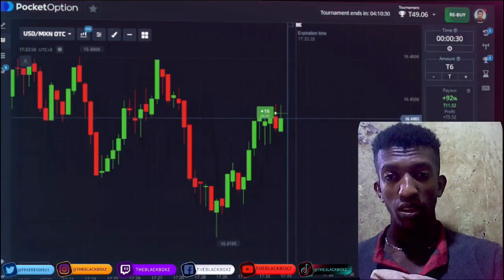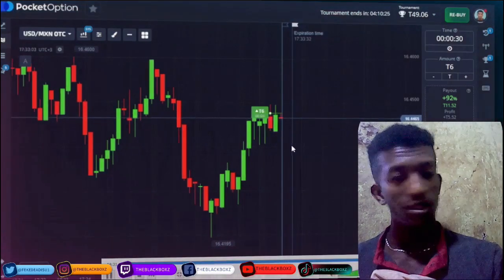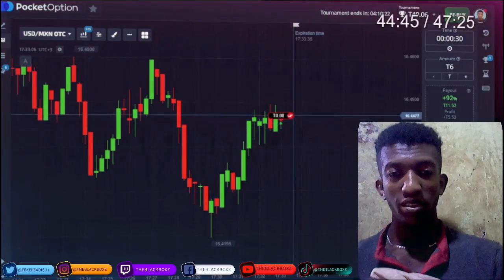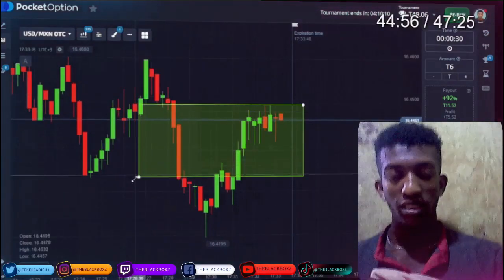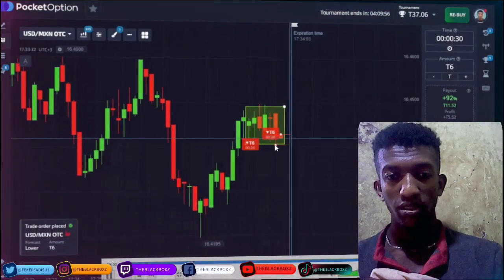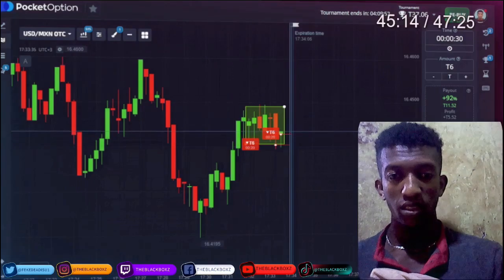Let us skip ahead, and this retraced up. Still consolidating. Still consolidating. I sold that again. As you can see, this broke down. Yes, it came down.